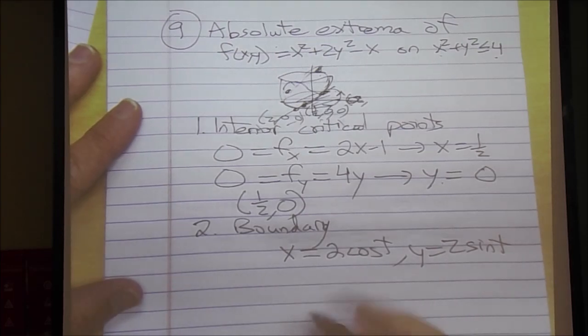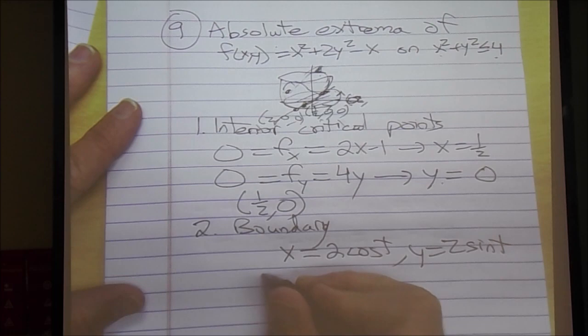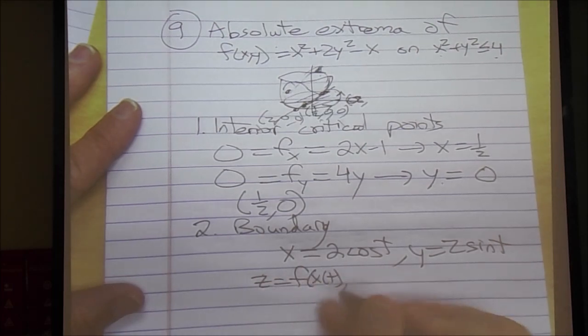Now, along that boundary, z, or f of x, y, is f of x of t, y of t.